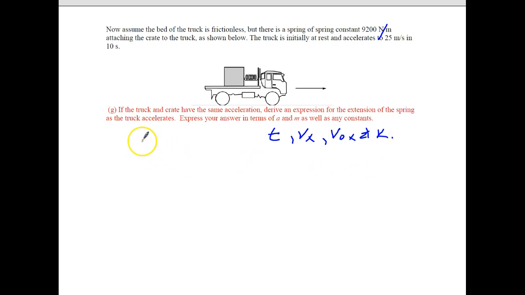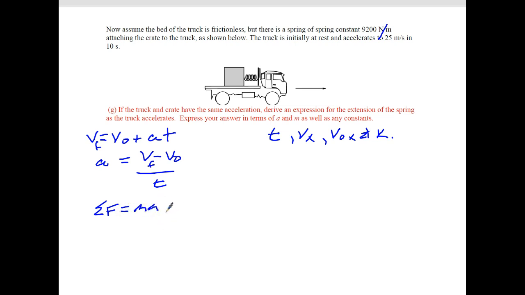The first thing we need to do is come up with an expression for the acceleration in the x direction. Our velocity is equal to the original velocity plus the acceleration times time, so the acceleration is equal to our final velocity minus our original velocity, all divided by time. For this box, the sum of the forces should be equal to ma since it's accelerating.